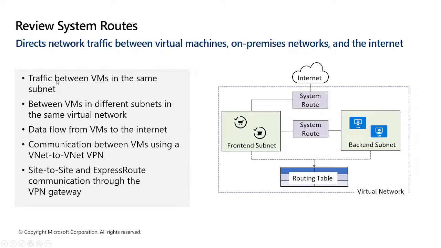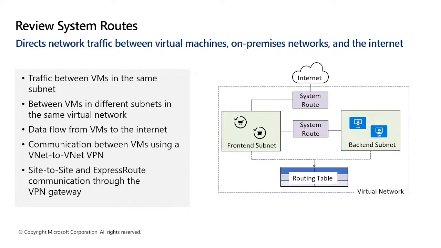So that means traffic between VMs in the same subnet, there is a route already configured for that. That's the system route. Even when you can still come and change your own and attach a custom route to it. VMs between different subnets in the same network, there is a system route already defined on how they communicate.